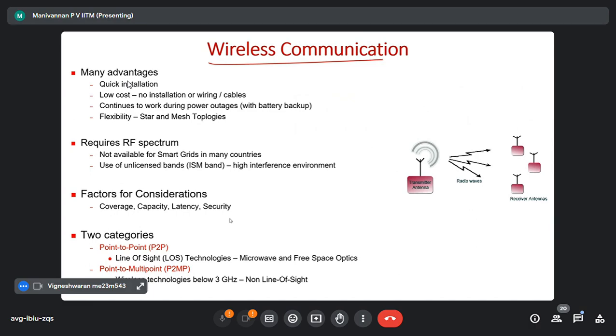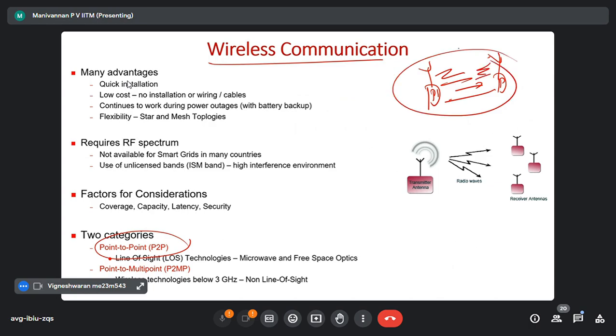Radio communication can be point-to-point communication. That means like a walkie-talkie or cell phone, where only 2 persons are talking. One phone, another phone, there is an antenna, you are transmitting and he is receiving, or the other way around. They call it point to point, still wireless.